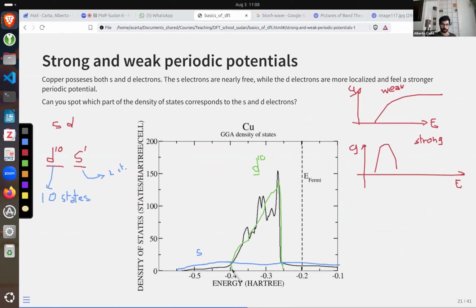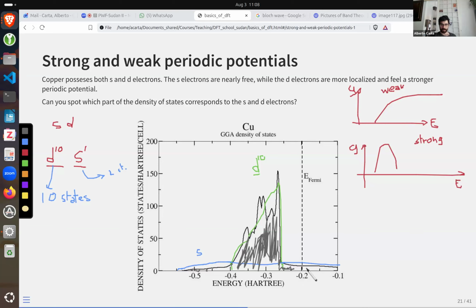The energy level is here, so all of these states are going to be completely full, and then you have empty states in here.